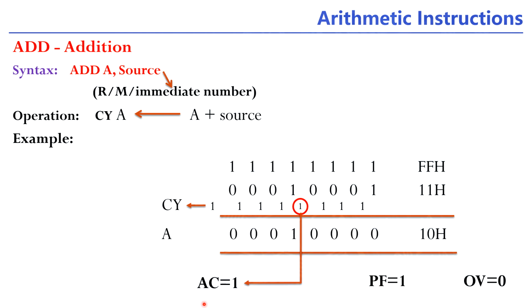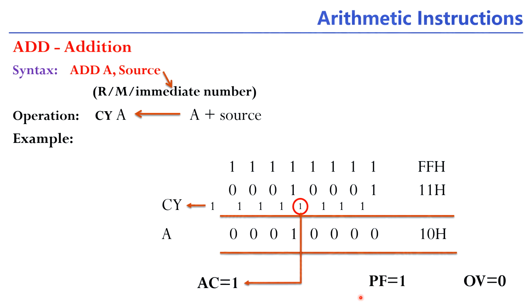Okay, now we want to store this result in the accumulator, right. This result will be stored in the accumulator, this one. This is the carry, right, this one. Now we want to see which bits are affected in this calculation.